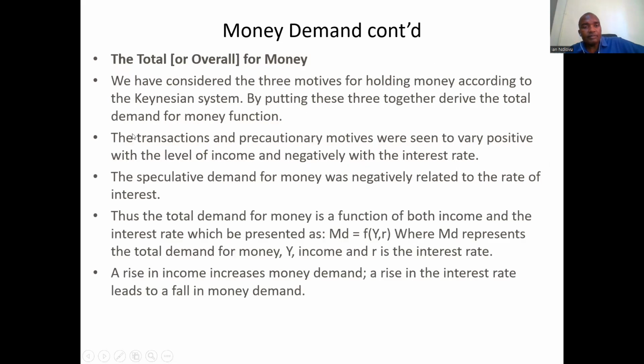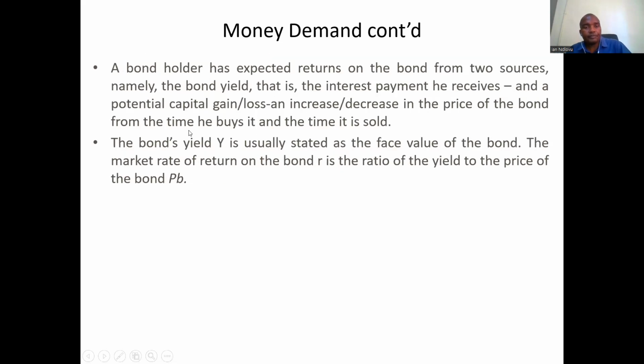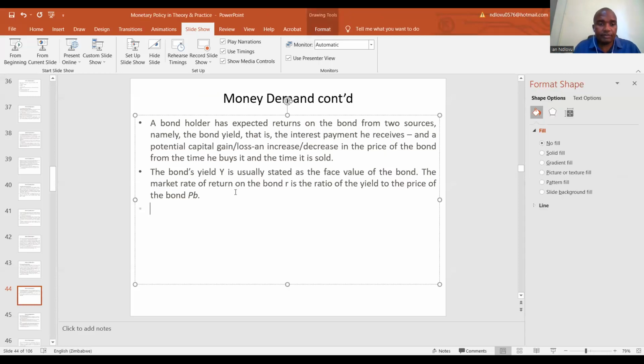We know that the future value of a bond is equal to the present value plus the interest rate multiplied by the present value. This implies that PV plus R times PV equals FV.